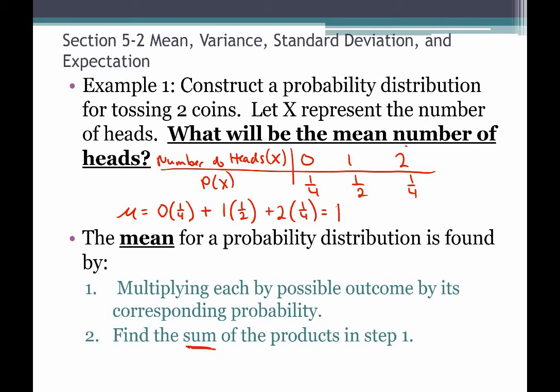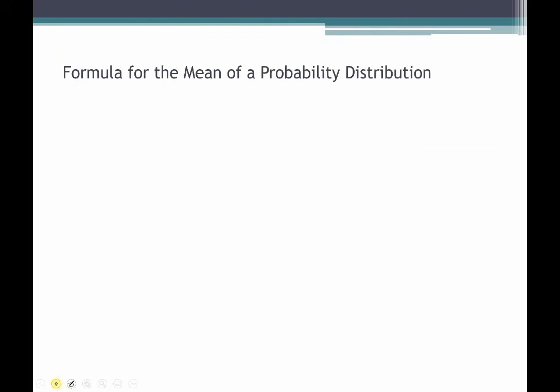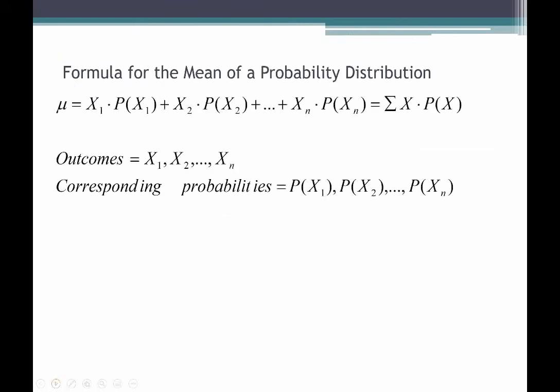That's all we have to do to find the mean. If you need the formula piece, if you look on that next right-hand piece for you guys, I already left it on there for you. I'll give you a formula sheet just like I have for the last couple tests. That formula will be on there.